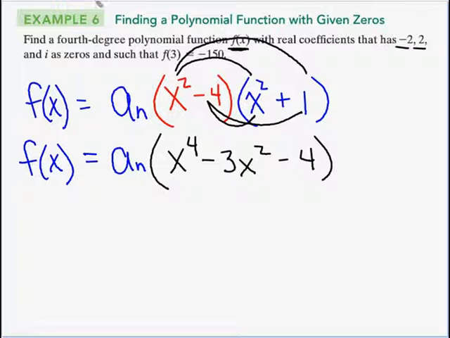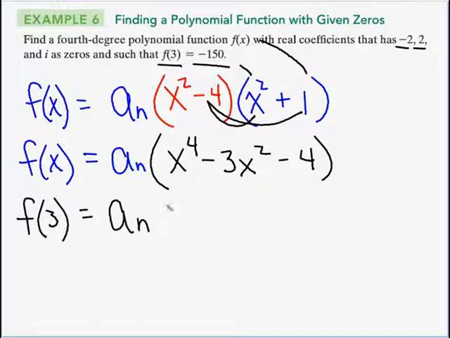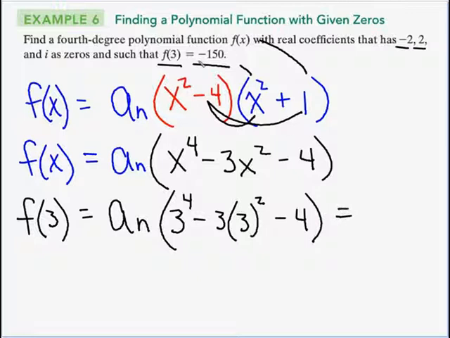Now this is where that other little clue comes into play. f of 3 is equal to negative 150. So f of 3 is going to be this unknown constant, and now 3 goes in for all the x's. 3 to the 4th minus 3 times 3 squared minus 4, and the whole thing is equal to negative 150.